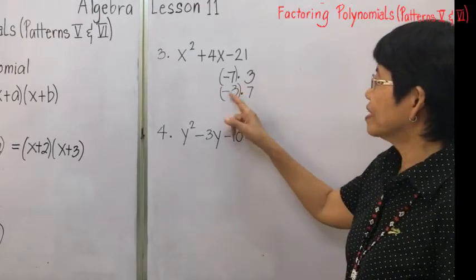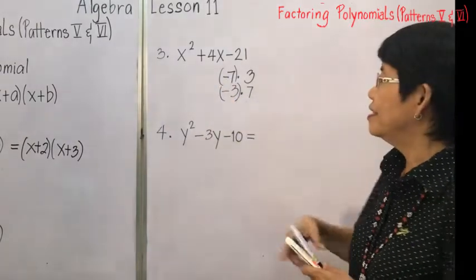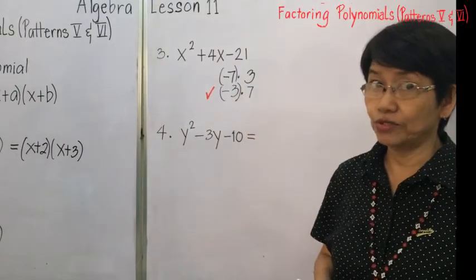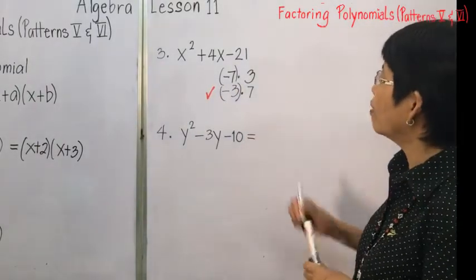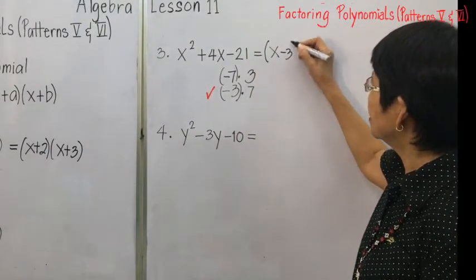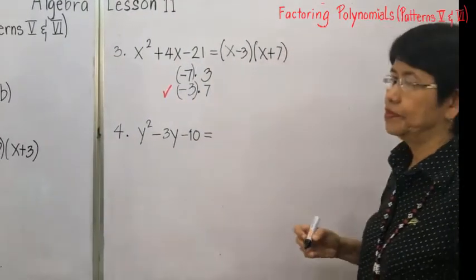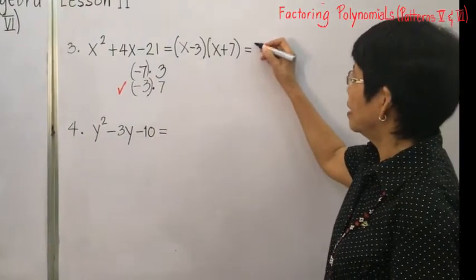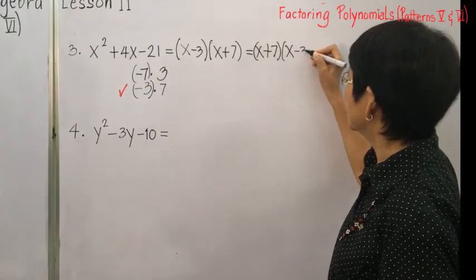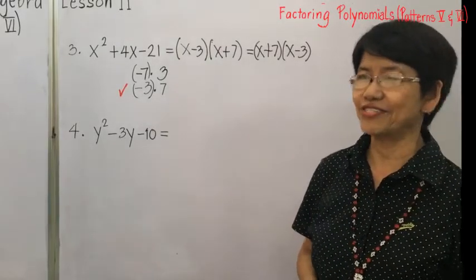So if you have a negative 3 and a positive 7, if you add these 2, you'll have a positive 4. So we will pick this as our values of A and B. So our factors are x minus 3, x plus 7. Or we can reverse that. x plus 7 times x minus 3. Applying the commutative property of multiplication.